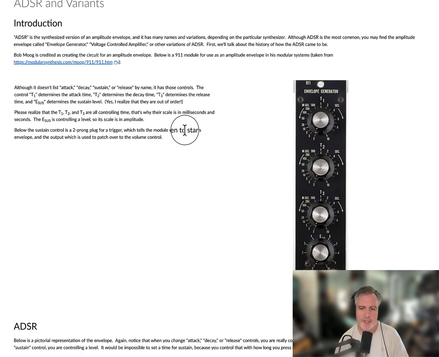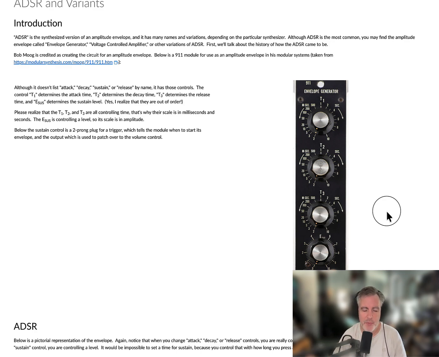So one of the early ways to do this was Moog's envelope generator in the modular system. This would output a voltage that would correspond with where you were in the volume. So it's not outputting a voltage that makes the sound source like an oscillator did.